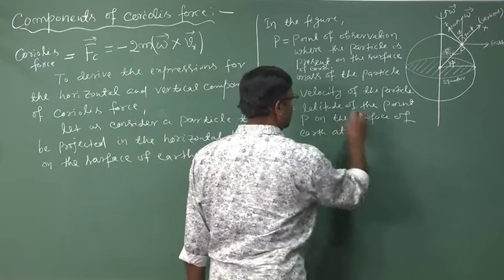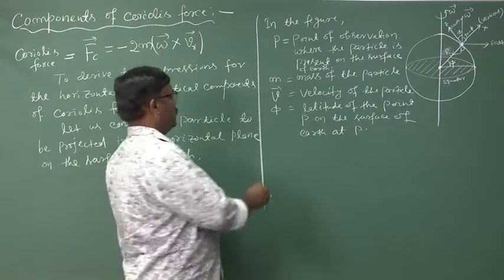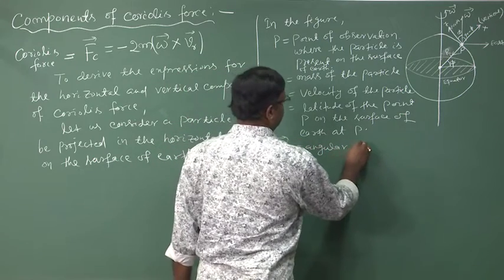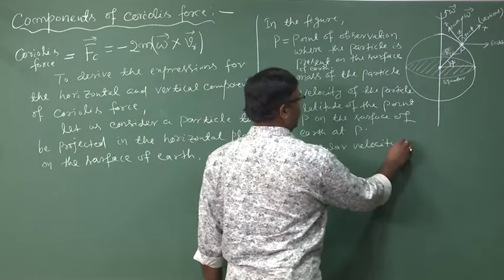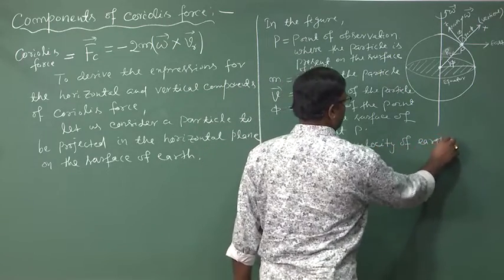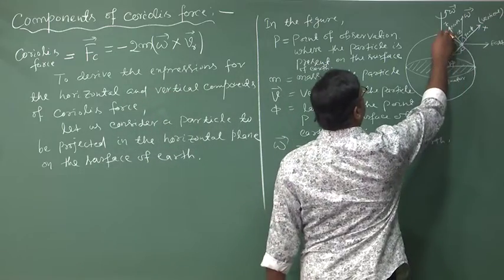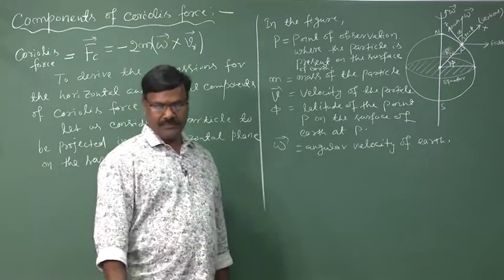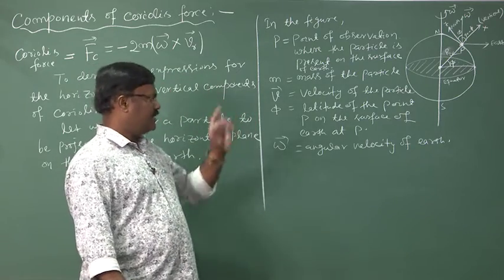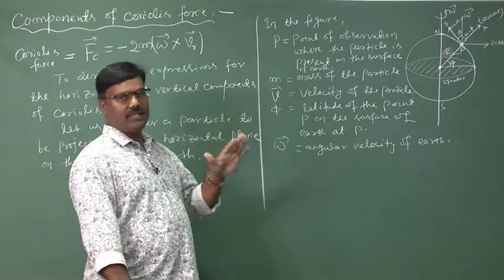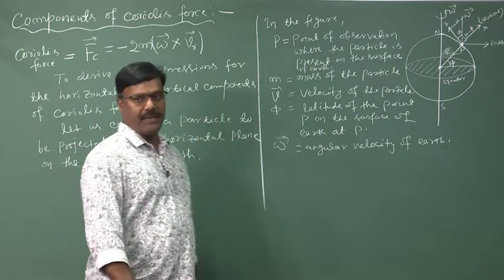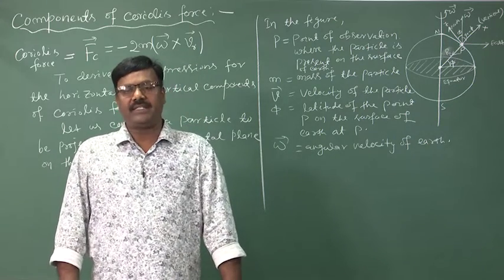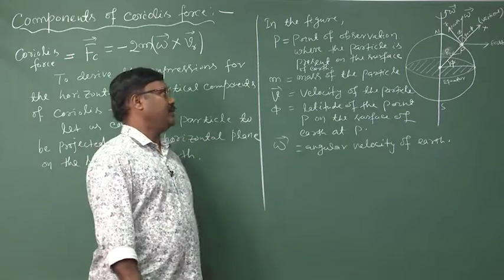At P, omega is equal to angular velocity of earth. Here this one is the north pole and this is the south pole. Now, since the earth is rotating about the z axis, its surface lies in the xy plane.